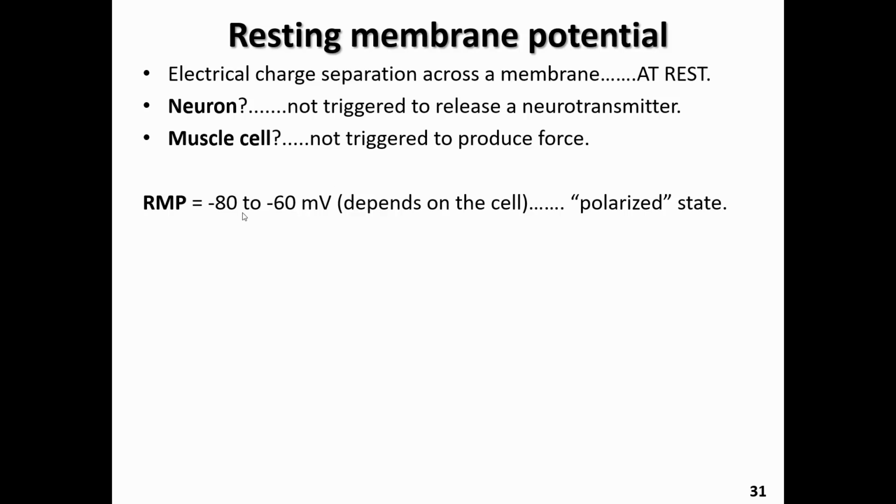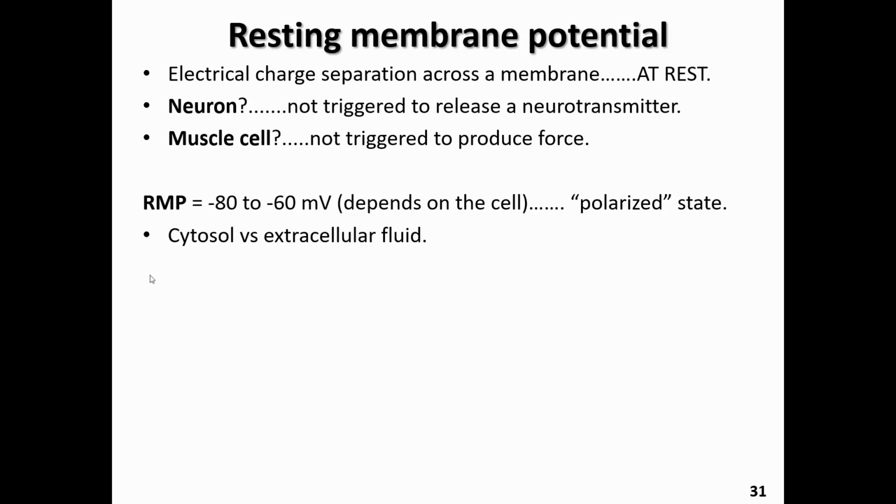And because of that negative inside, we say the cell is polarized. So when we think about polarized, a pole, positive pole, negative pole, if the cell is not neutral electrically inside and it is not under resting condition, we say that it's in a polarized state.